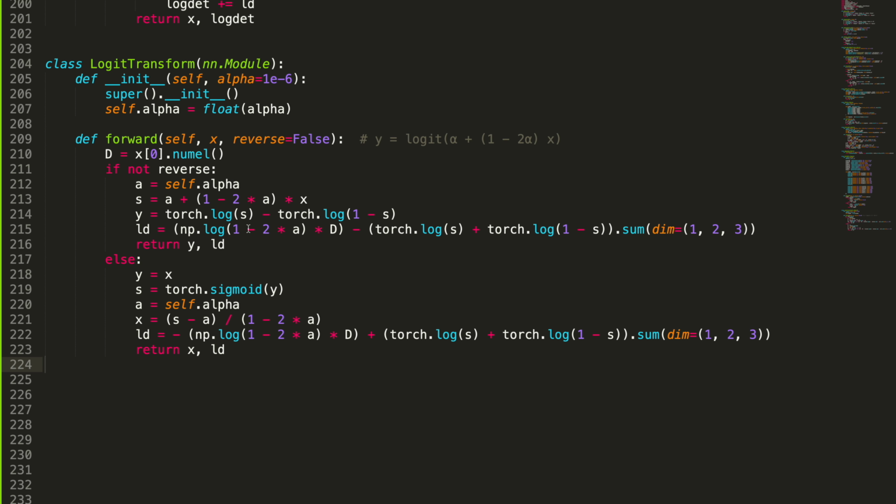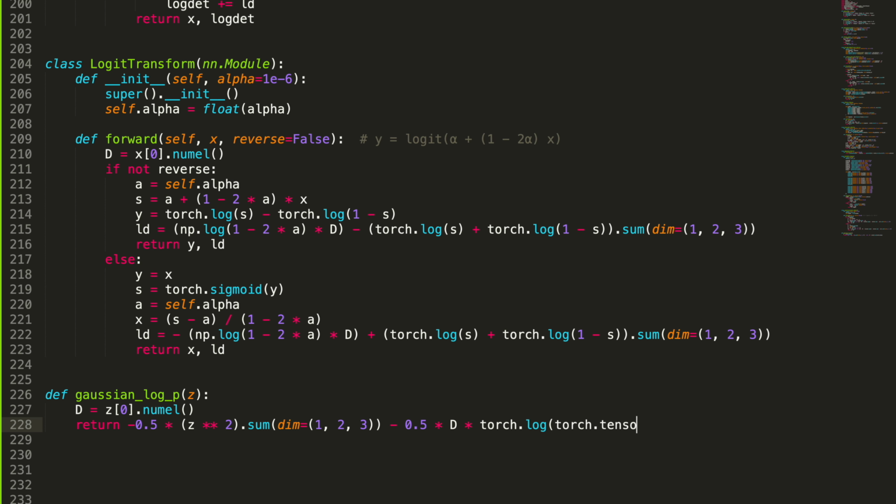Therefore, what's often done in normalizing flow is dequantization, but dequantization you always do, for example even for classification, and then you also do this logit transform. All of that is explained in the paper. Again, we're just implementing the paper.